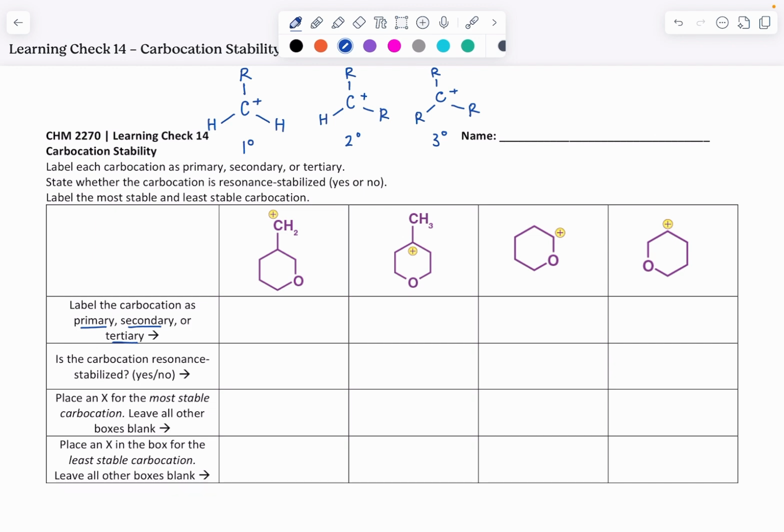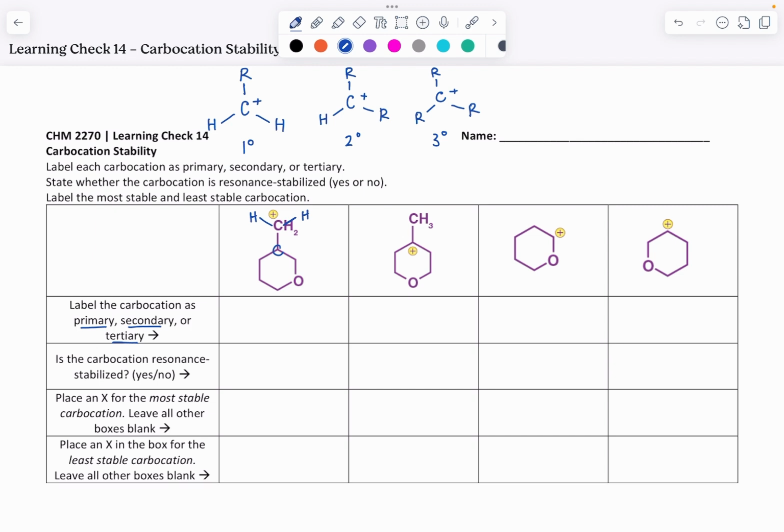All right, so our first molecule, the carbocation, is this carbon. And so this carbon is bonded to two hydrogens. That's written as a CH2, but you can imagine it has a bond to one and a bond to another, and then it has a bond to this carbon.